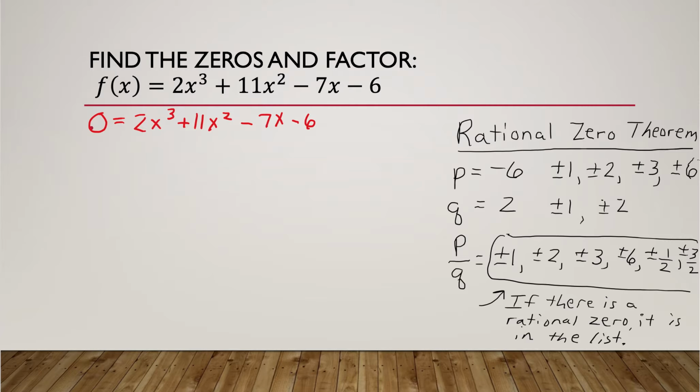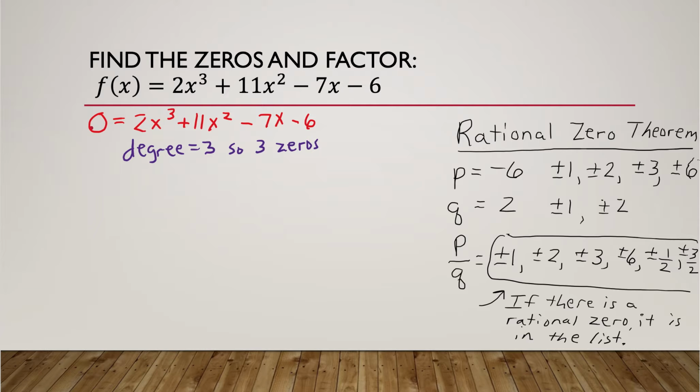I know that the degree is 3. That's the highest exponent, so I'm expecting 3 zeros. All right, so now I've got my 12 numbers. I need to figure out which 3 are actually zeros of the function.